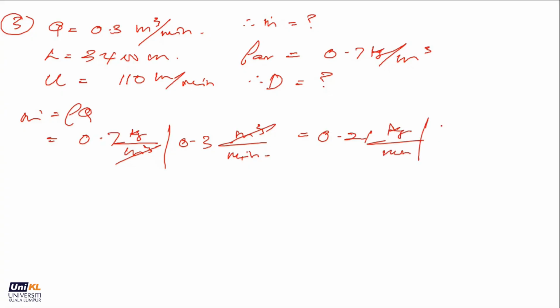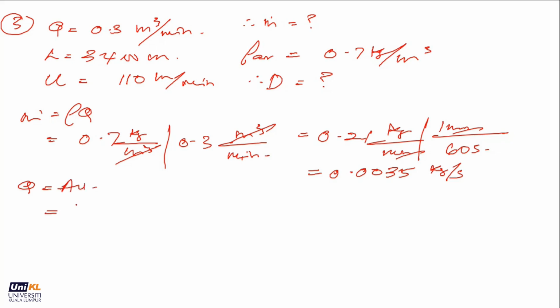Okay, so 1 minute equal to 60 seconds. 0.21 divided by 60 gives 0.0035 kilogram per second.